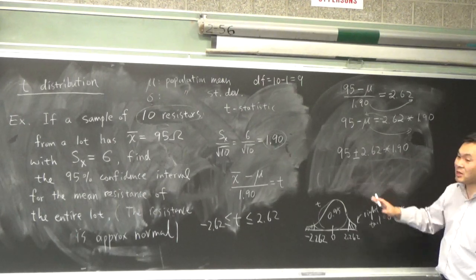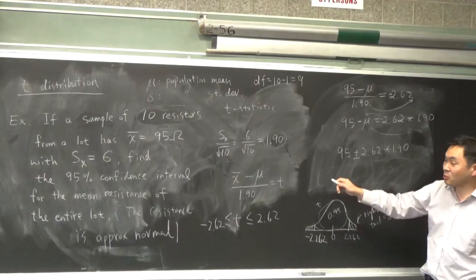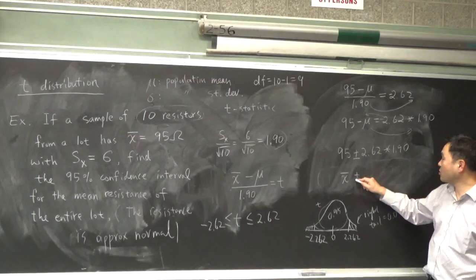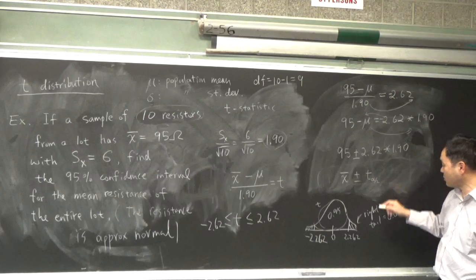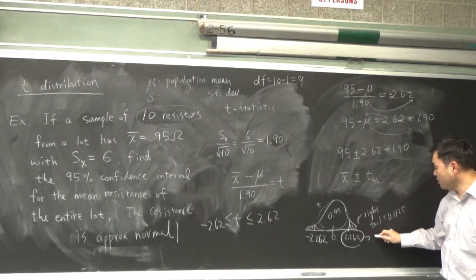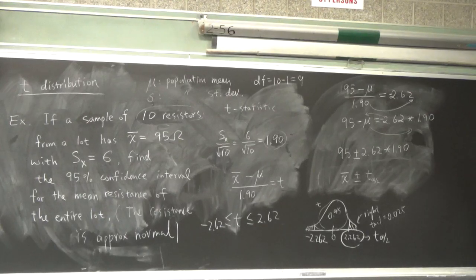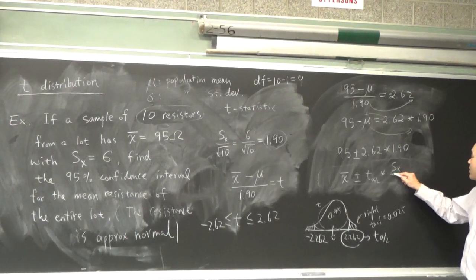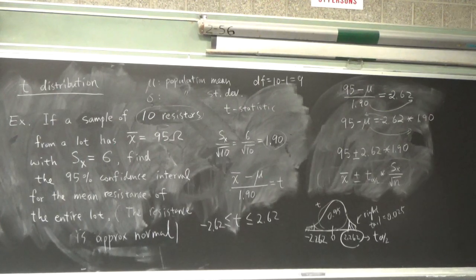And just to make sure that we know what we're doing, let's write this down in the original symbols. What was this one? This was x bar plus or minus. What was this one? This value here is what we're going to call T alpha over 2, times Sx divided by square root of n.